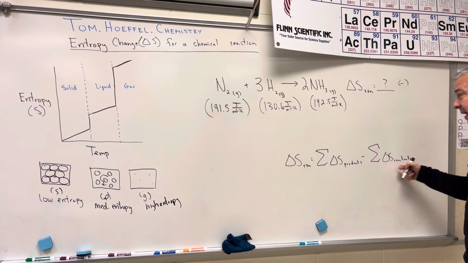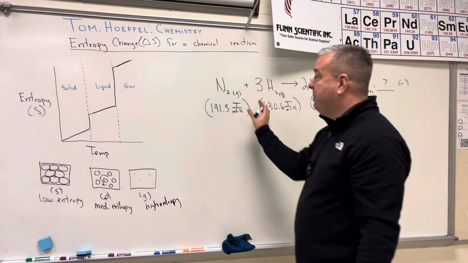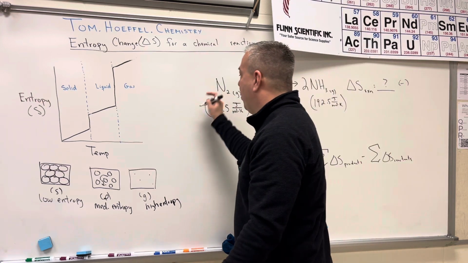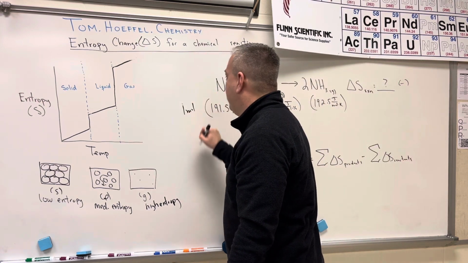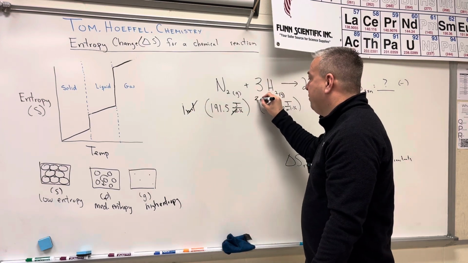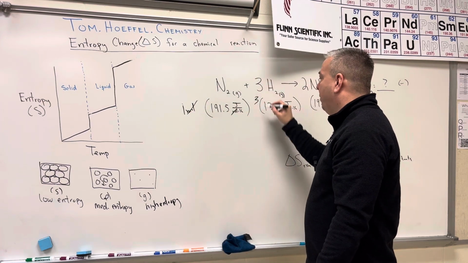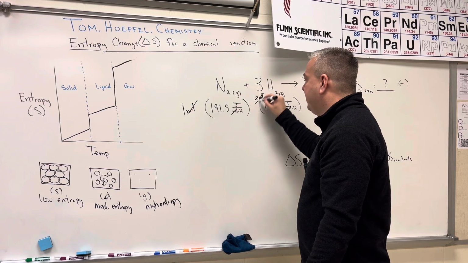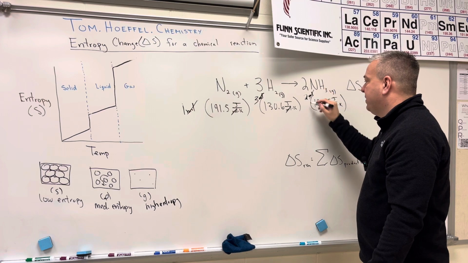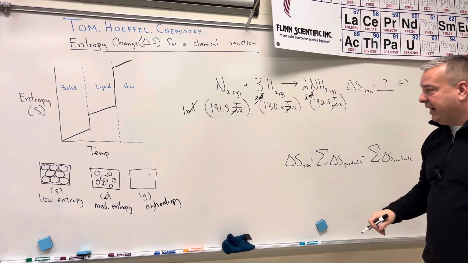It's just products minus reactants. Now remember, we do have to multiply this by how many moles there are. There's 1 mole of nitrogen, and that's how these moles are going to cancel out. Now we have to do 3 times the moles for hydrogen, and then 2 times the moles for the NH3.